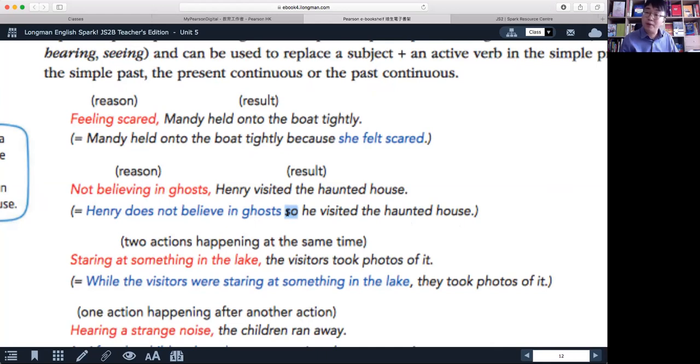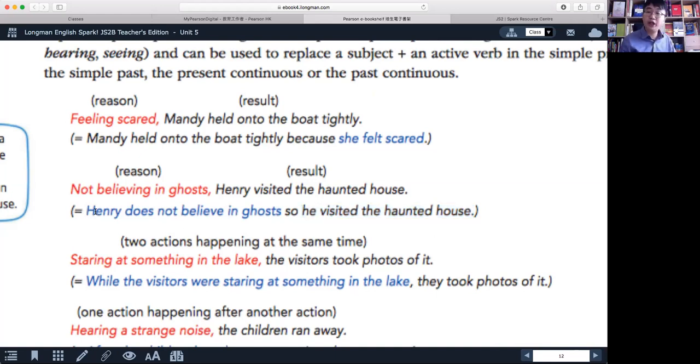Remember we learned it in Form 1 or in the first term of Secondary 2. It is used to introduce the result. So this part, Henry does not believe in ghosts, is the reason. This is the result.